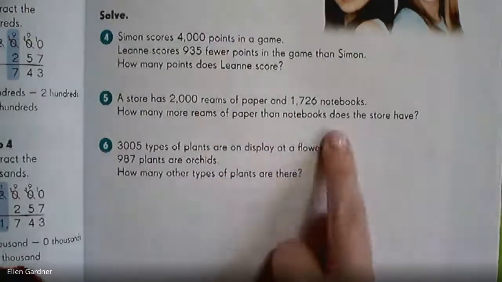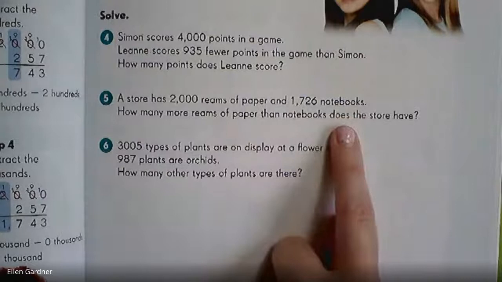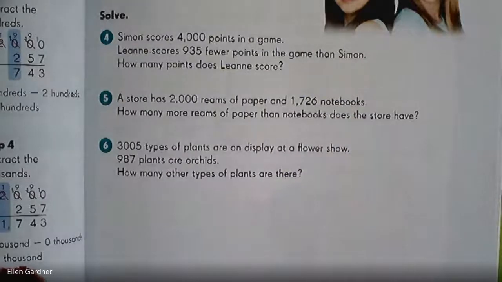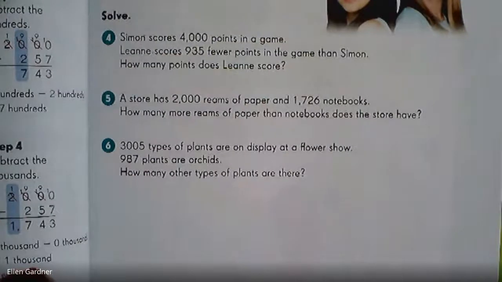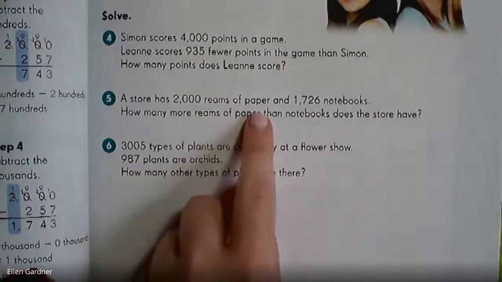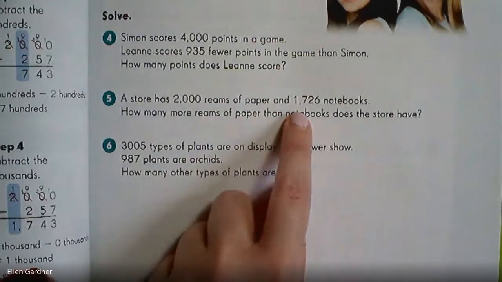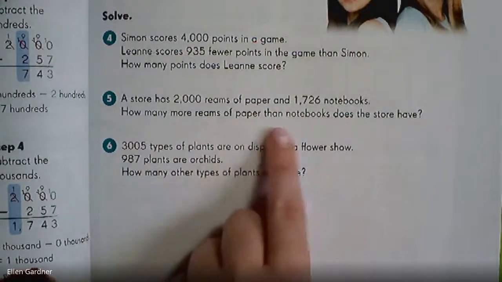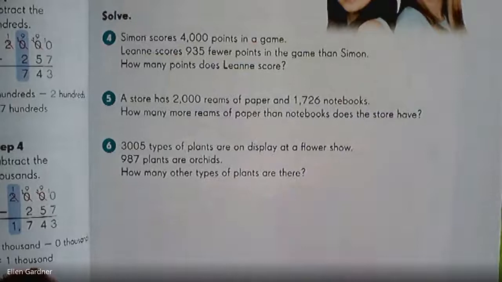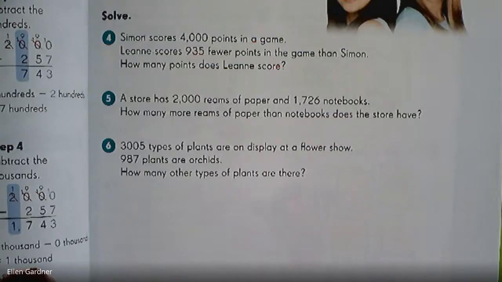This will be the last one to do together, and then you'll have one to do on your own in your workbook today. A store has 2,000 reams of paper and 1,726 notebooks. How many more reams of paper than notebooks does the store have? Let's think through what we're trying to solve for in this problem.